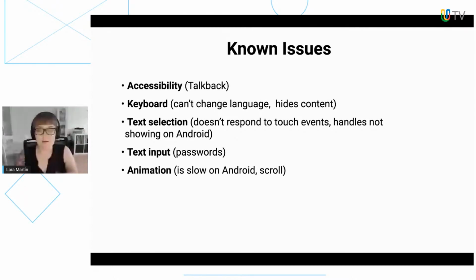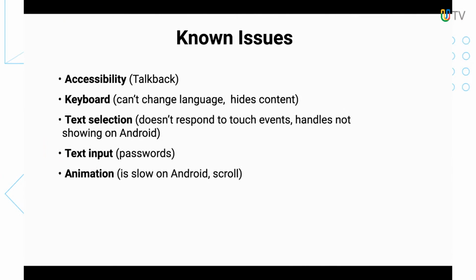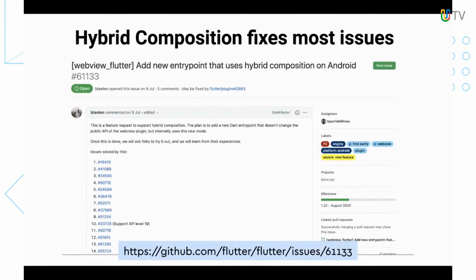But as I said, there's this hybrid composition rendering system now, and there's some hope. There's already a PR against Flutter where they are explaining the changes and all the issues that this is potentially going to be solving.